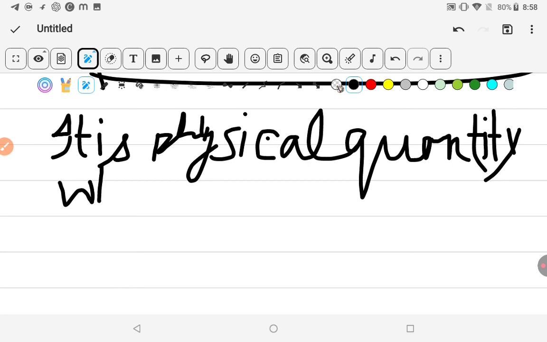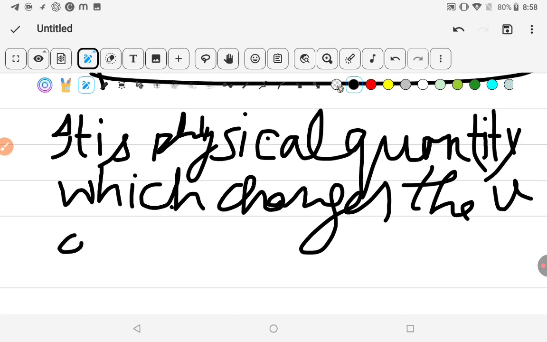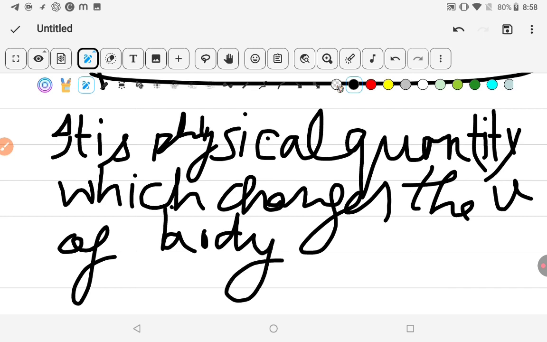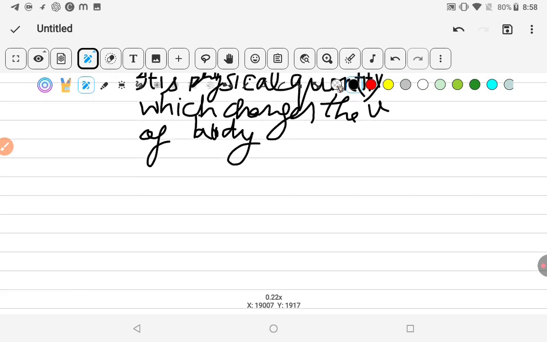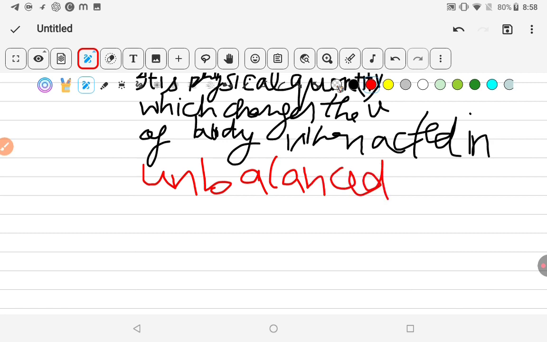Which changes the velocity of a body when acted in an unbalanced form.